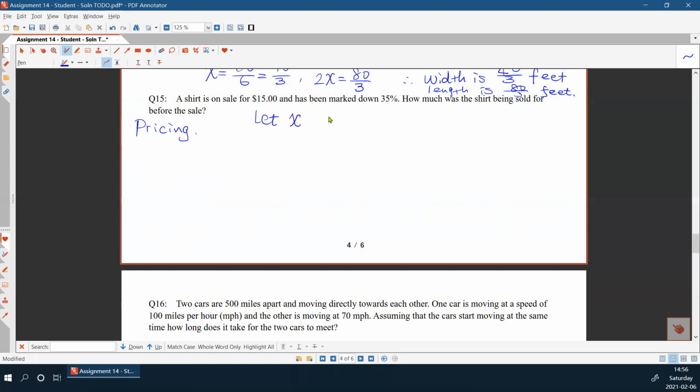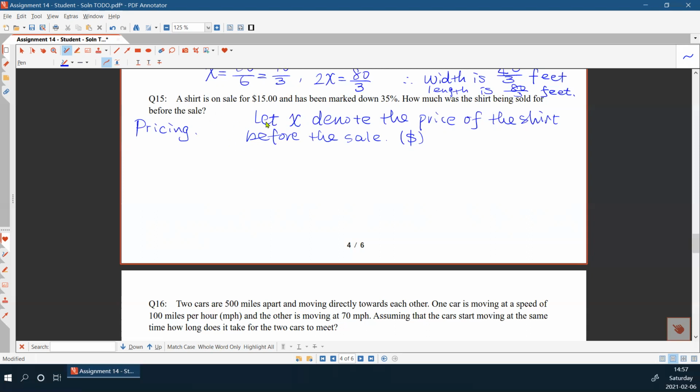If we don't know the quantity here, we can use a letter to denote the quantity. Let X denote the price of the shirt before the sale. Of course, here the unit is dollars, right?